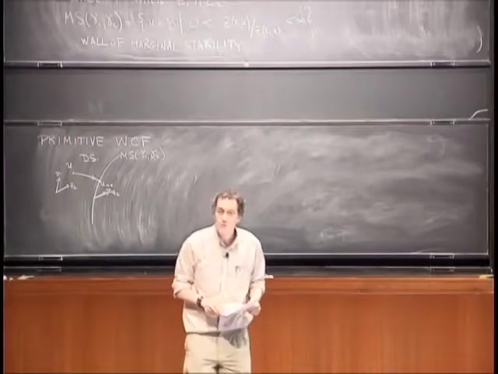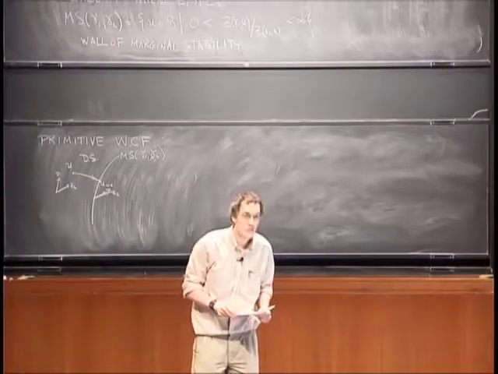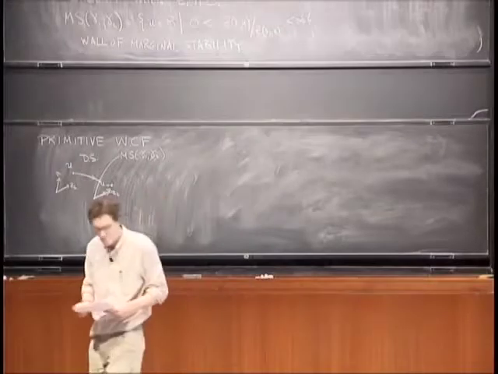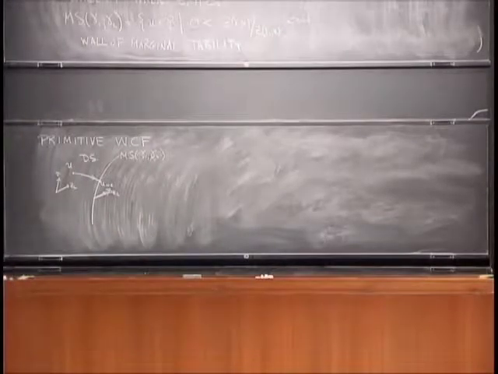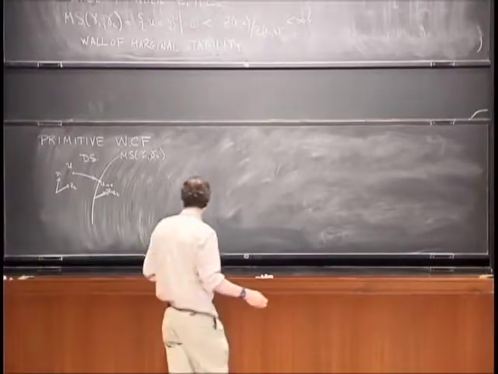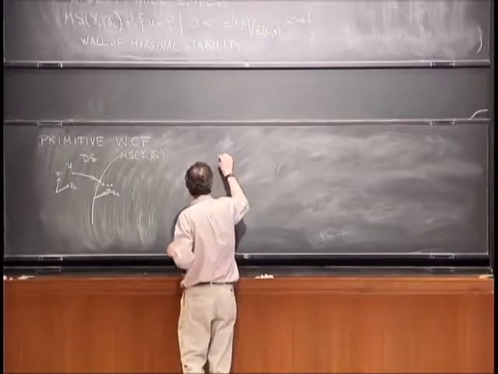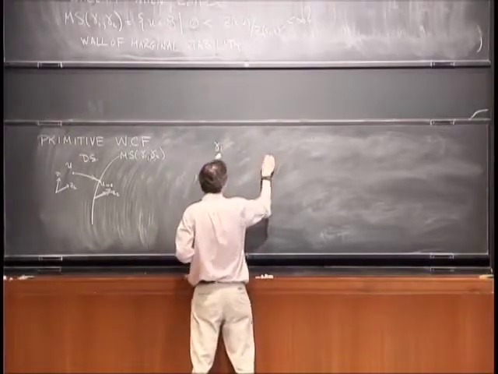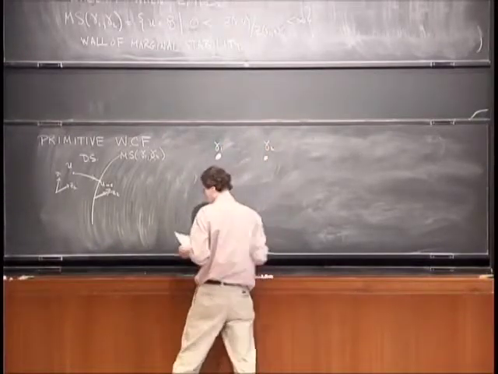So our BPS Hilbert space changed as we crossed the wall. Okay? And now we want to know how much did it change? Well, there is where our indices come in. So how much did our BPS state change? Well, our bound state looks like this. We have gamma 1 and gamma 2.